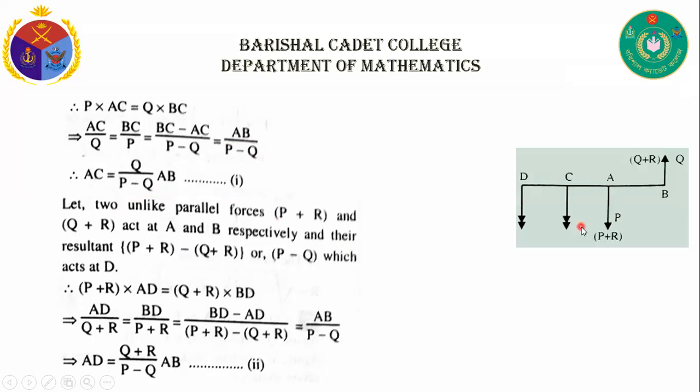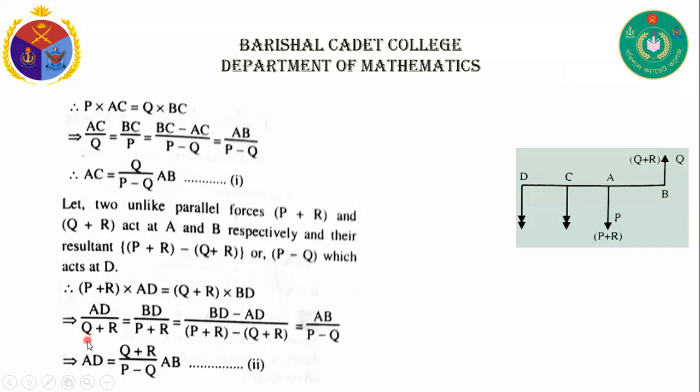For the next case, the force P plus R acts at A and Q plus R acts at B. Then their resultant acts at the point D. So you can write P plus R into AD equals Q plus R into BD.